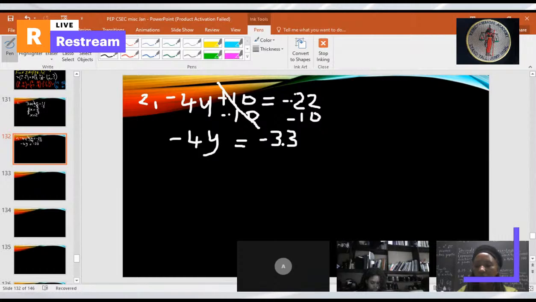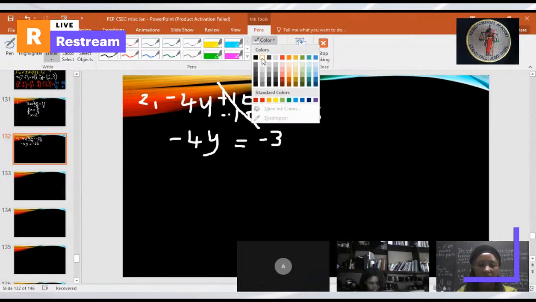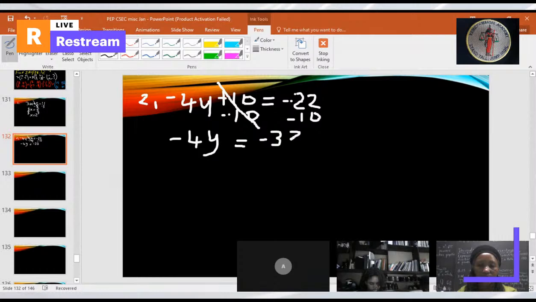Okay. So then what do you have to do next? Divide both of them by negative 1. Why do I have negative 33? It's negative 32. All right. Negative 32. Divide both of them by negative 1. Why are we doing that?